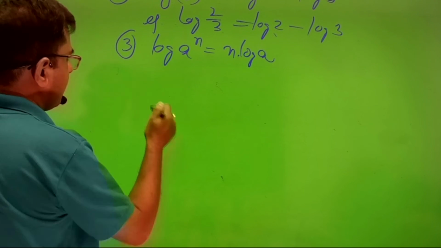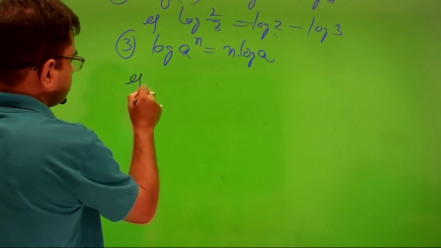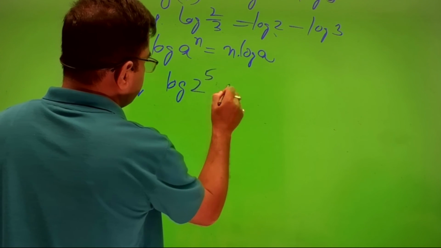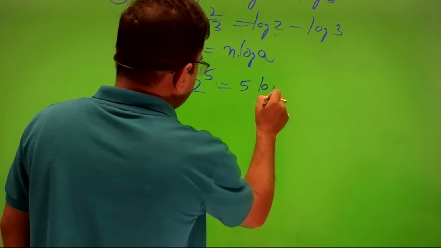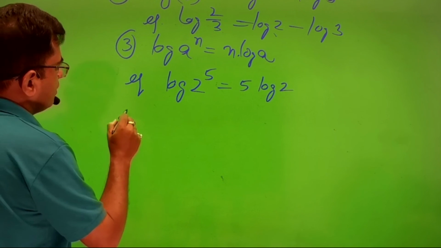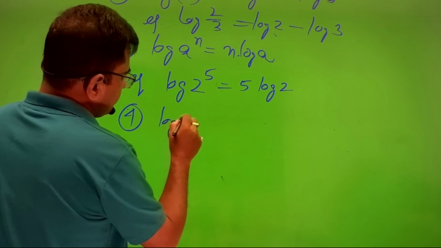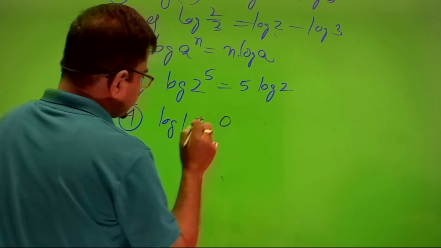Suppose the log of 2 raised to the power 5 equals 5 into log of 2. The fourth property is that log of 1 is always 0.